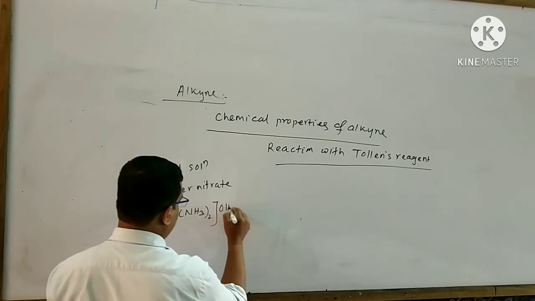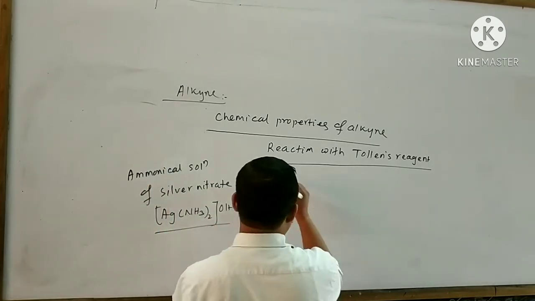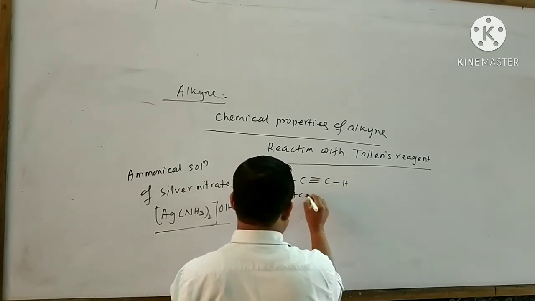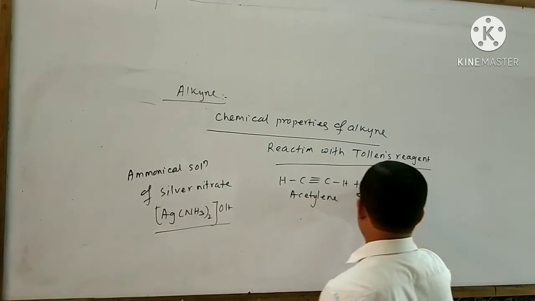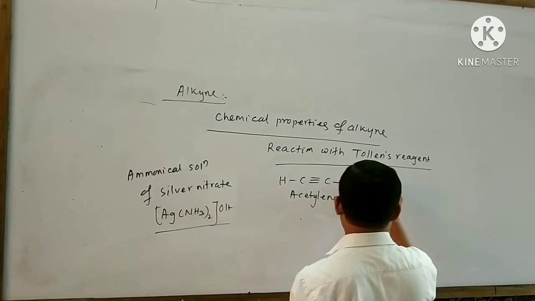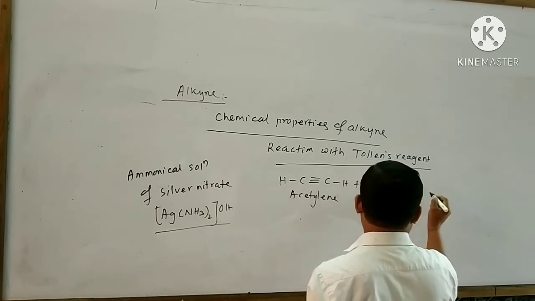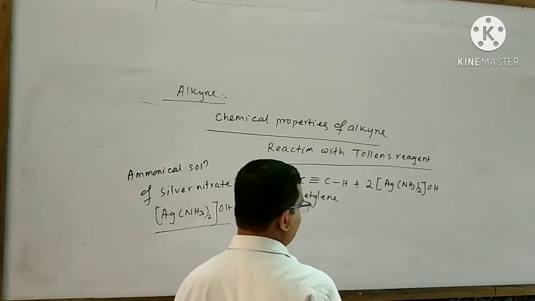Now take an example of an alkyne, that is acetylene. Now acetylene is subjected to reaction with two molecules of Tollens reagent. Then what will happen?